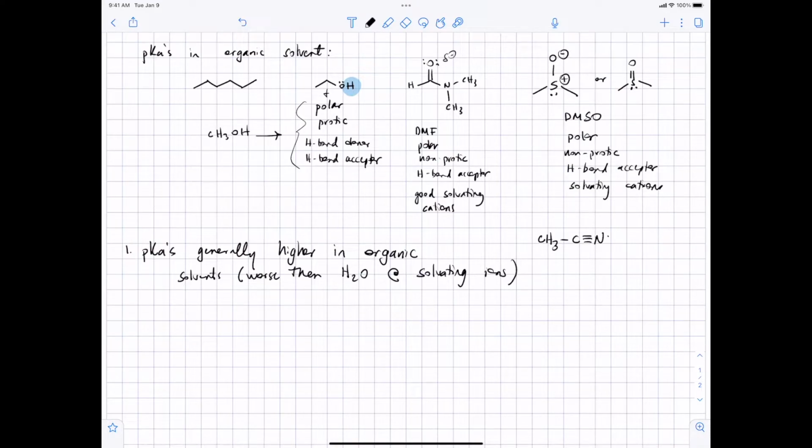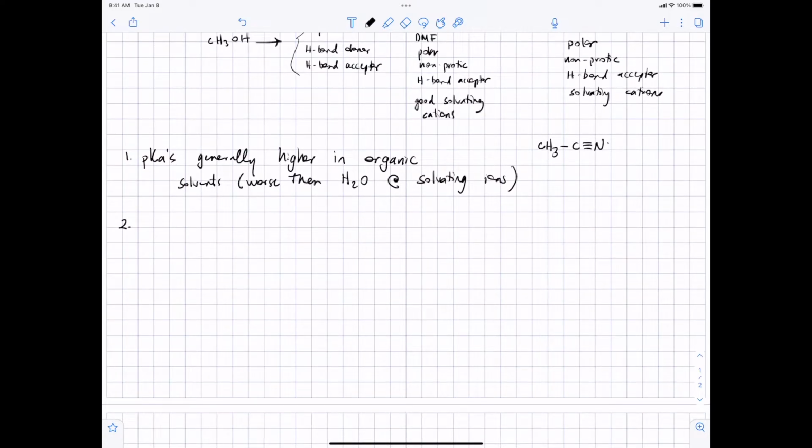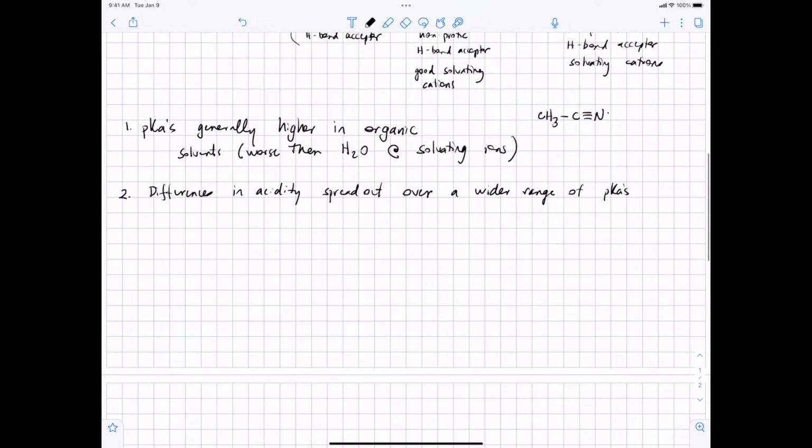Second, for the same reason that organic solvents are generally poorer than water at solvating ions, differences in acidity tend to be spread out over a wider range of pKa's than in water.